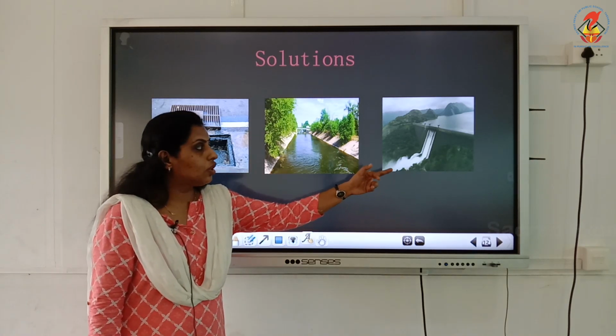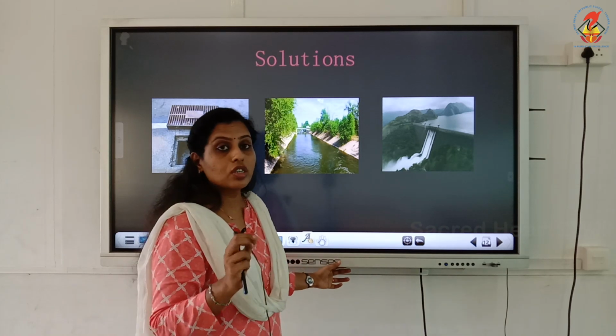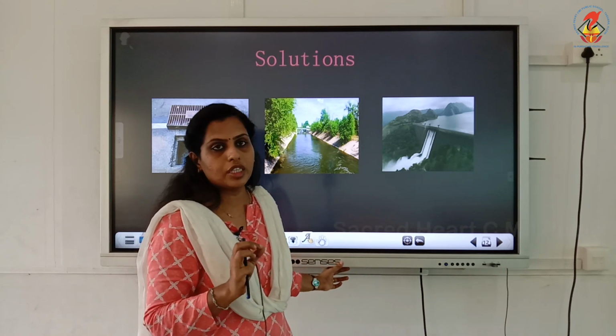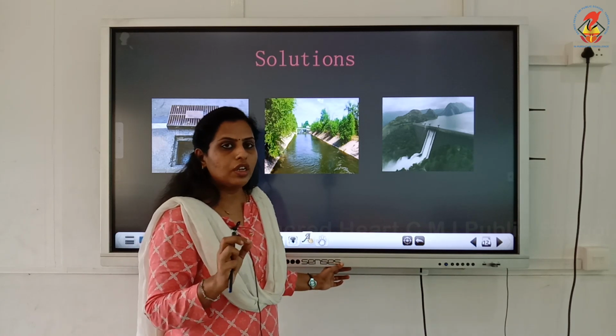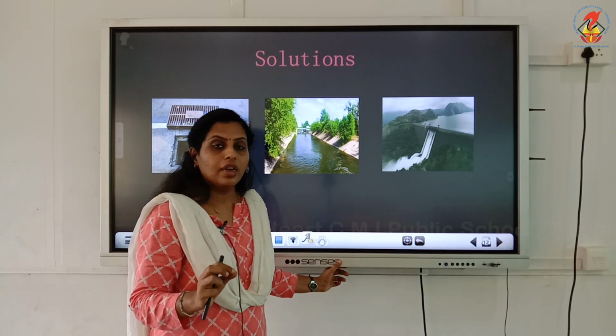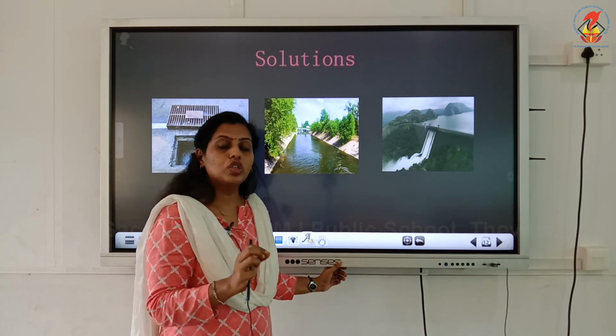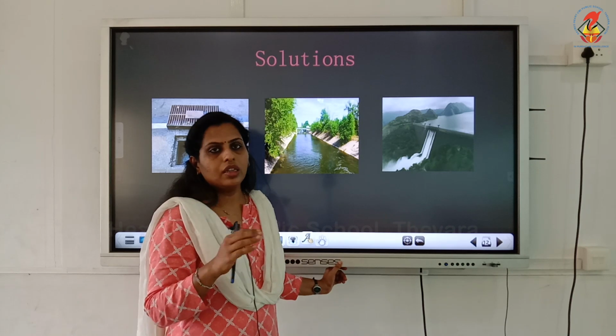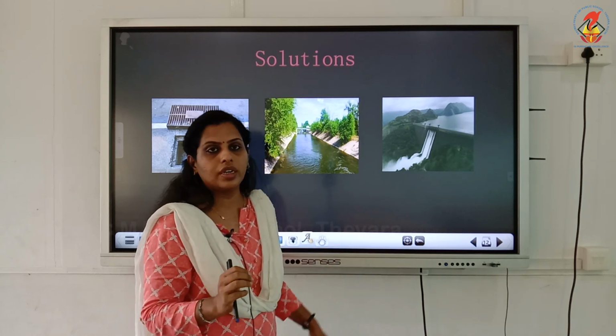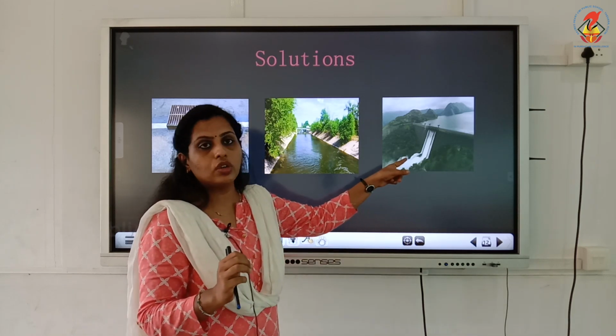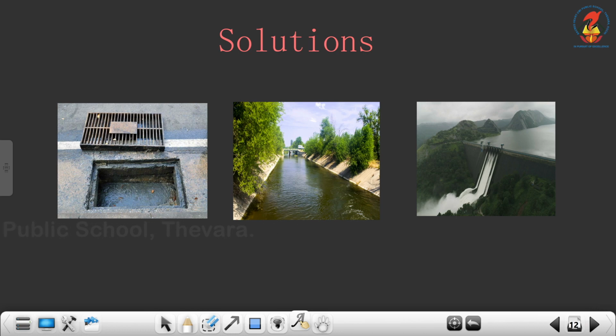Dams. The dam is called a multi-purpose project. What is the meaning of multi-purpose project? It means that it is useful in many ways. There are so many uses for the dams. If you look closely at the picture of the dam, you can see a part of the dam where they have stored water.